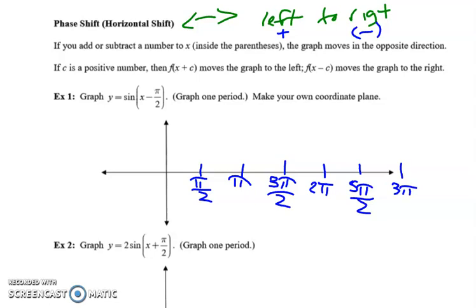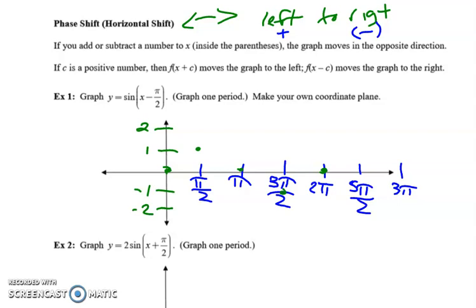So we're going to regraph the regular sine graph. I'll do that in green. 1, 2, negative 1, negative 2. So we would start at the origin and be there, negative 1, and finish at pi.